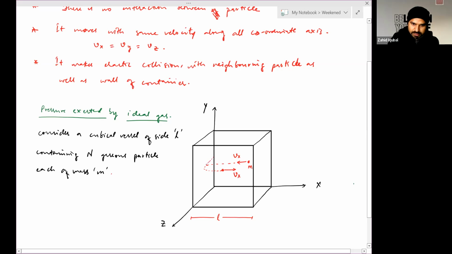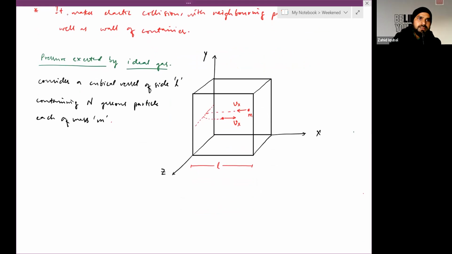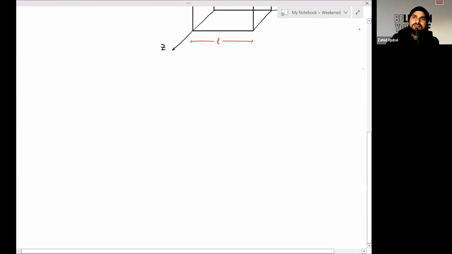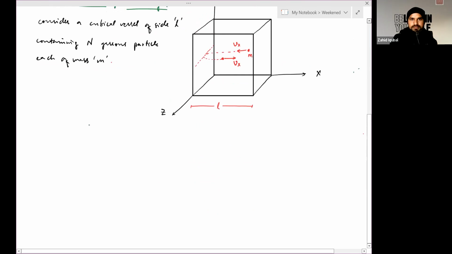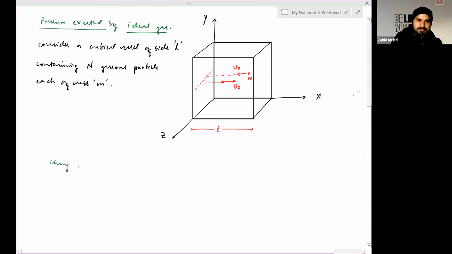If you have to calculate the net change in linear momentum during this collision, it will be P final minus P initial.